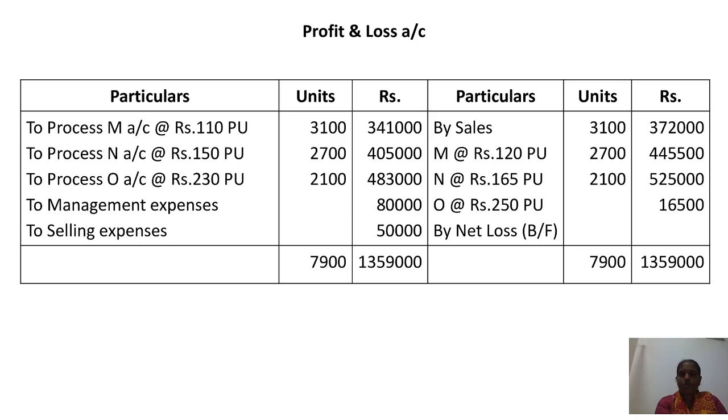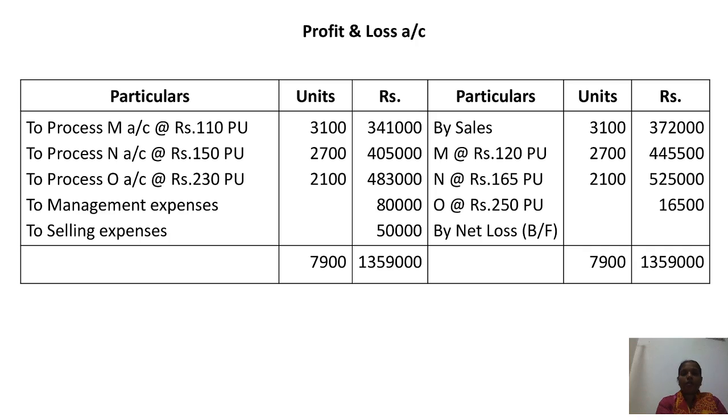Apart from that, there are some expenses like management expense 80,000 and then selling expenses 50,000. Then the total says 3,100 units is sold at the rate of 3,72,000. Apart from that, we get from M, N and O, this is to be added up, that is 3,100 for M, 2,700 for N, and 2,100 for O. So put together we have to write separately.